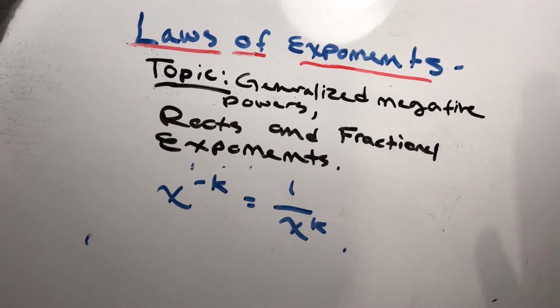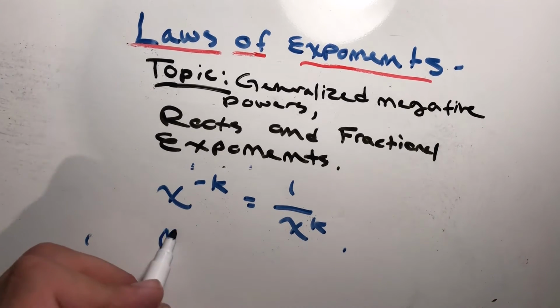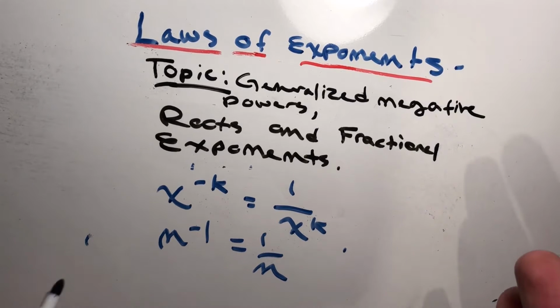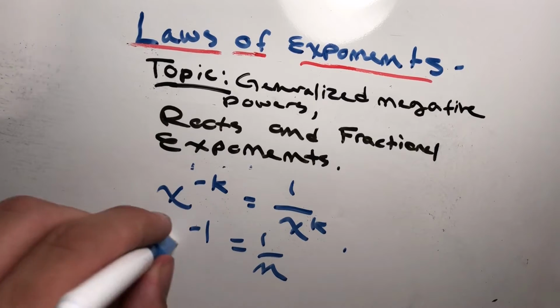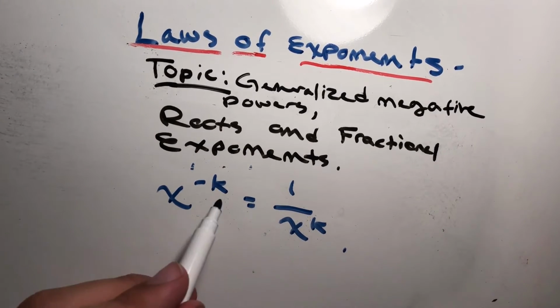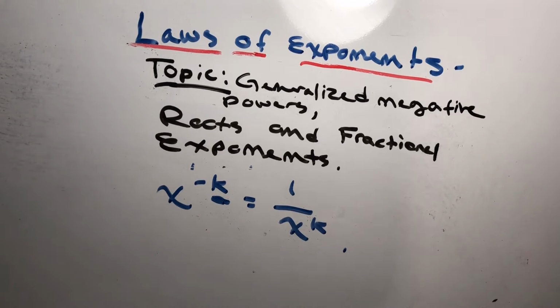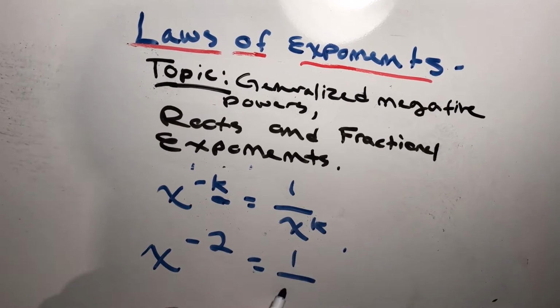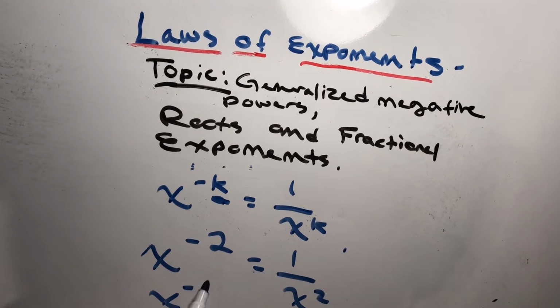Great. And so what we've done here is we've successfully turned n to the negative 1 equals 1 over n into an expression that allows k to be any number. So k doesn't necessarily just have to be 1. We can have x to the negative 2 equals 1 over x squared, not just x to the negative 1 equals 1 over x.